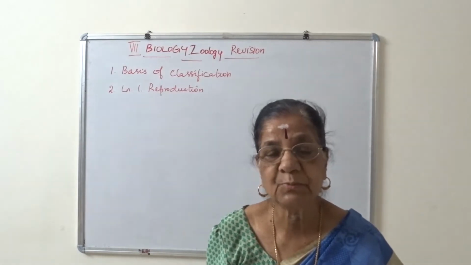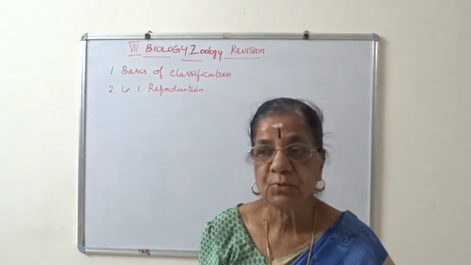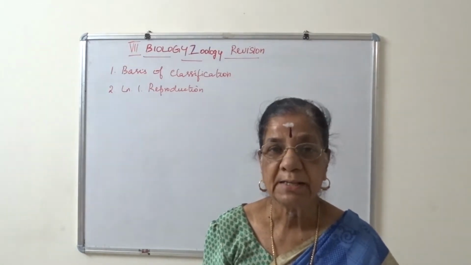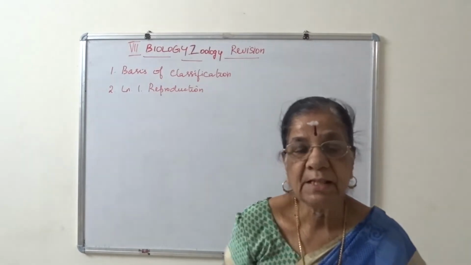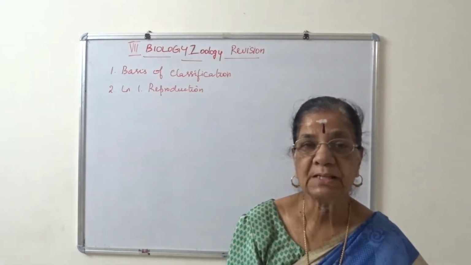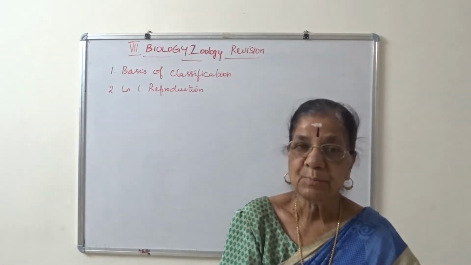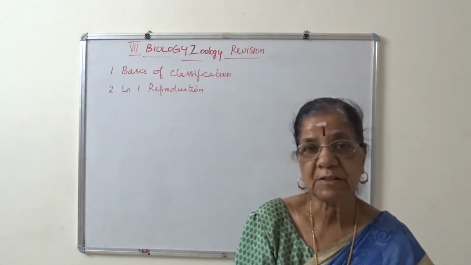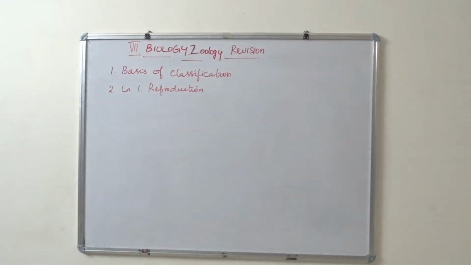All the plants' names we may not know. Same with the animals' names. So to identify them, there are scientists who classified, who sorted out the plants and animals accordingly. That is called basis of classification. That is known as basis of classification.